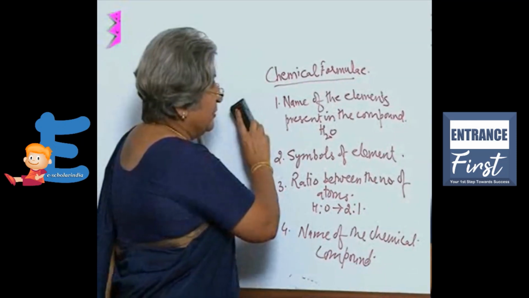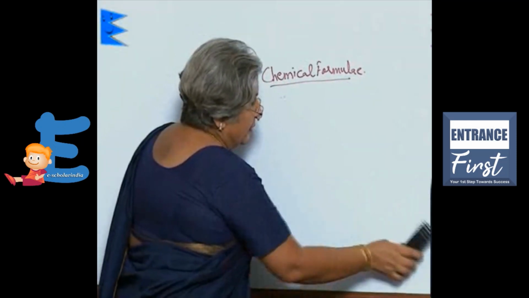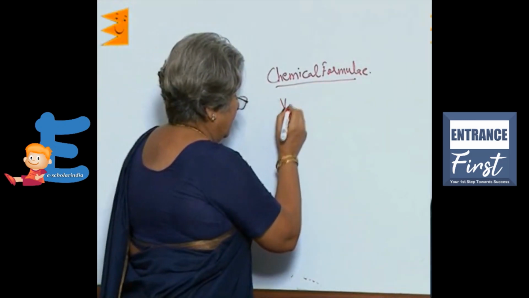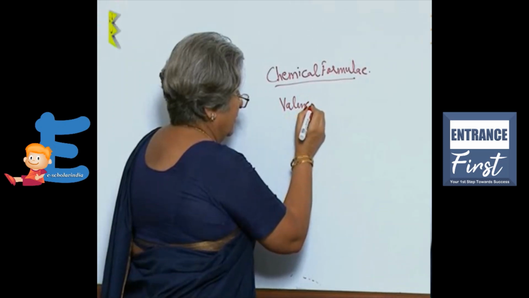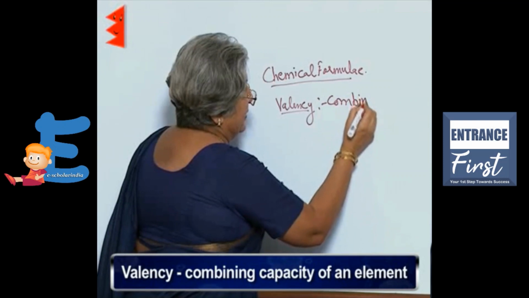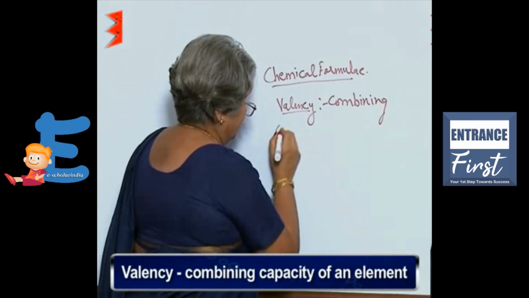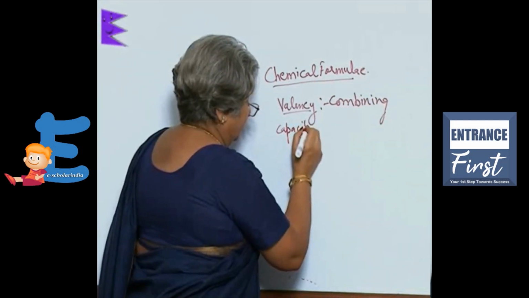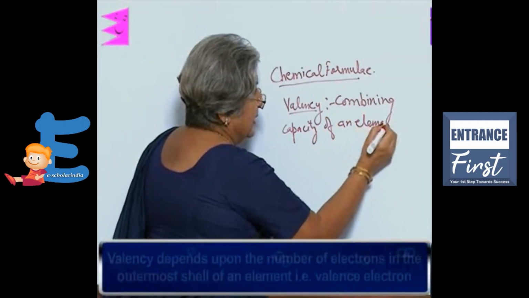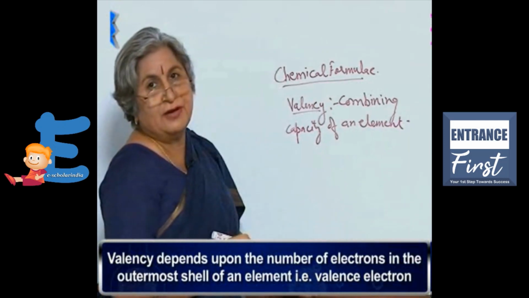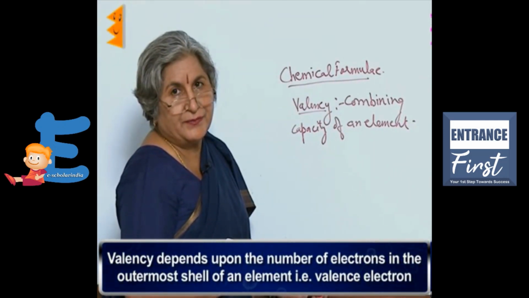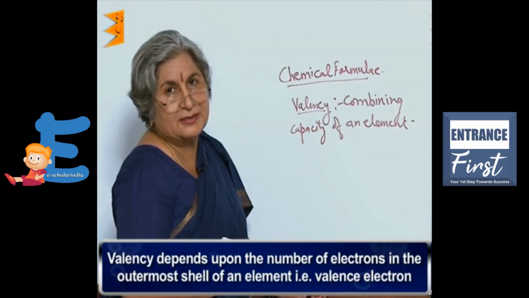Now, to be able to make a formula, first of all, we need to know valency. Valency is the combining capacity of an element. And it depends upon the number of electrons in the outermost shell of an element, which are called valence electrons.